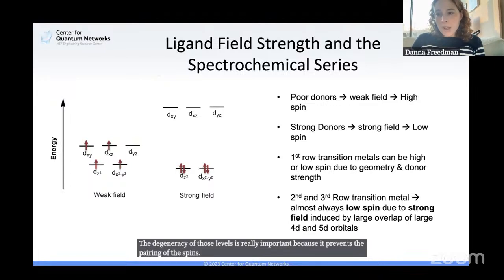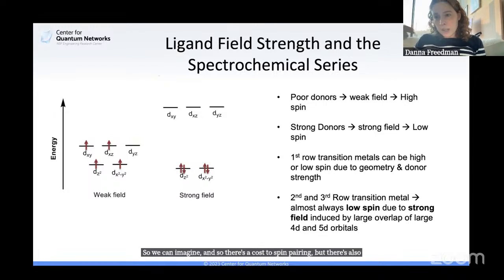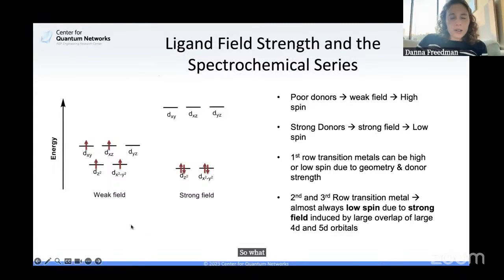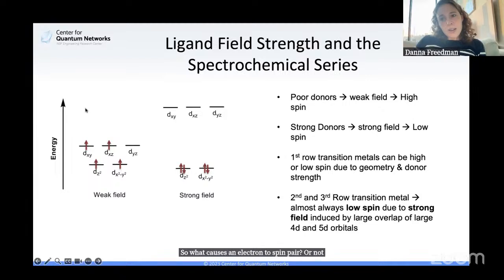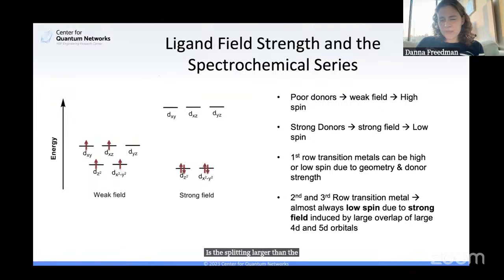So there's a cost to spin pairing, but there's also a stabilization to going to the lowest energy level. So what causes an electron to spin pair or not spin pair as shown here? This is going to be very simply proportional to the splitting in energy between these levels. Is the splitting larger than the spin pairing energy, or is it smaller?